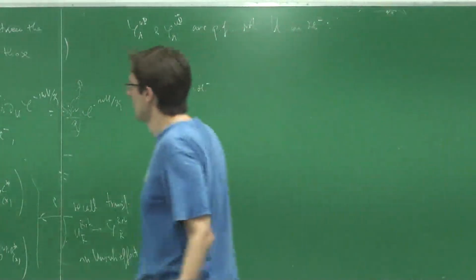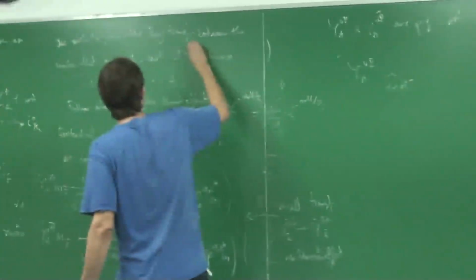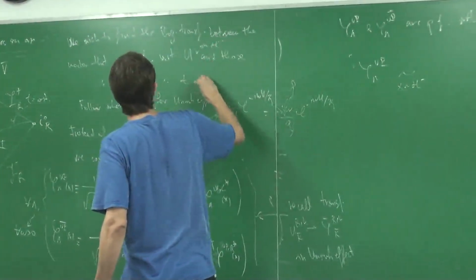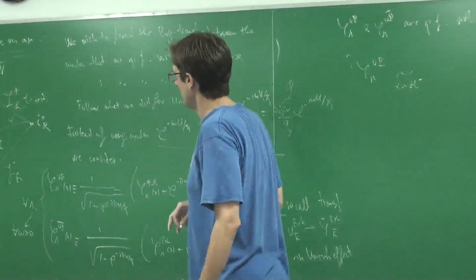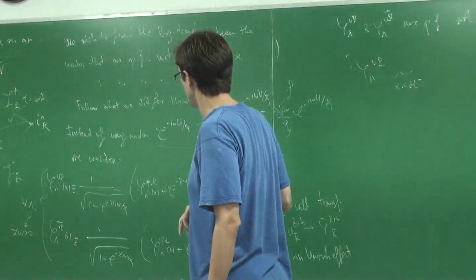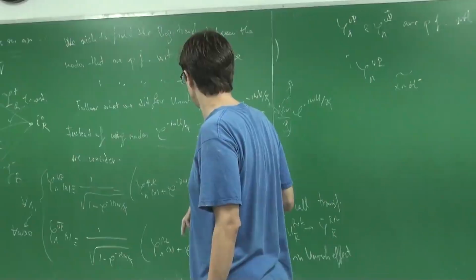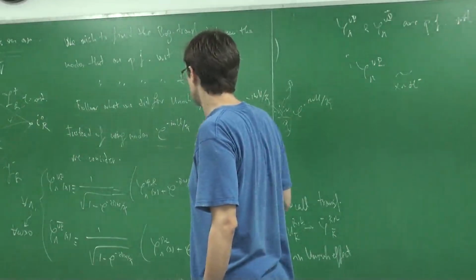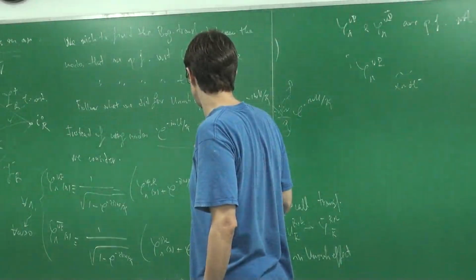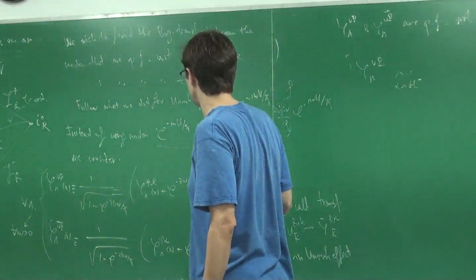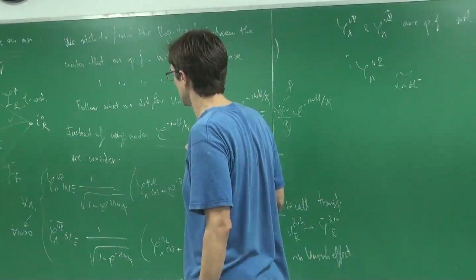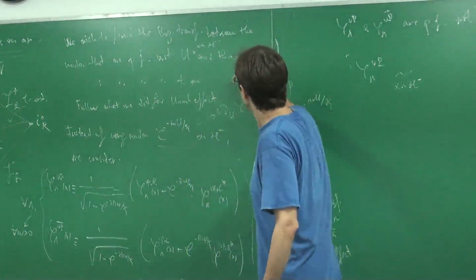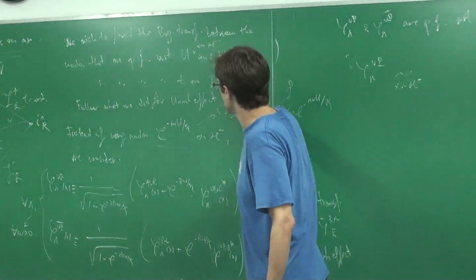I'm ignoring this was on H minus, and these are scri plus and minus.